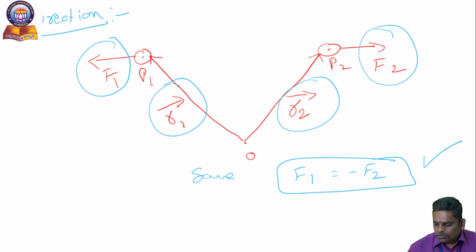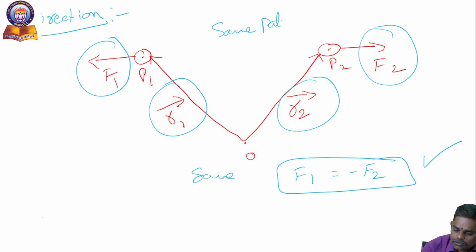This one we are going to prove. We already know what a unit vector is, so I am jumping directly. The condition is that I am taking same polarity. Then we concentrate on the direction of F1 and F2 and the direction of the unit vector.